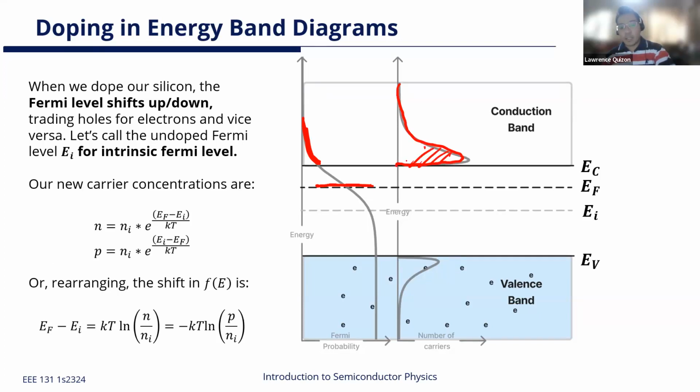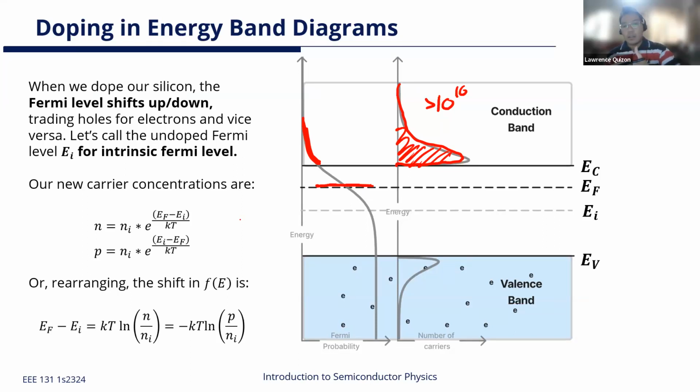And if we integrate that, we get something that's greater than 10 to the 10, which agrees with what we know. When we dope the silicon, we introduce more carriers, one way or the other.